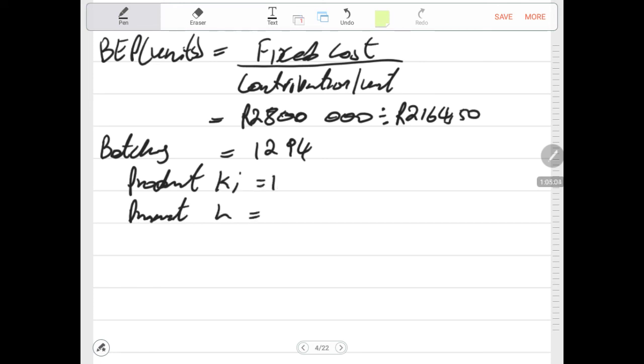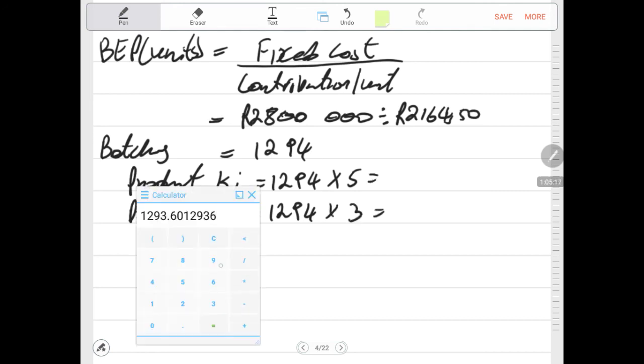For KI it will be 1294, which is the batches, and 1294 multiply this by the sales mix ratio. Always do that. 1294 by 5, we get 6470. 1294 by 3, we get 3882.